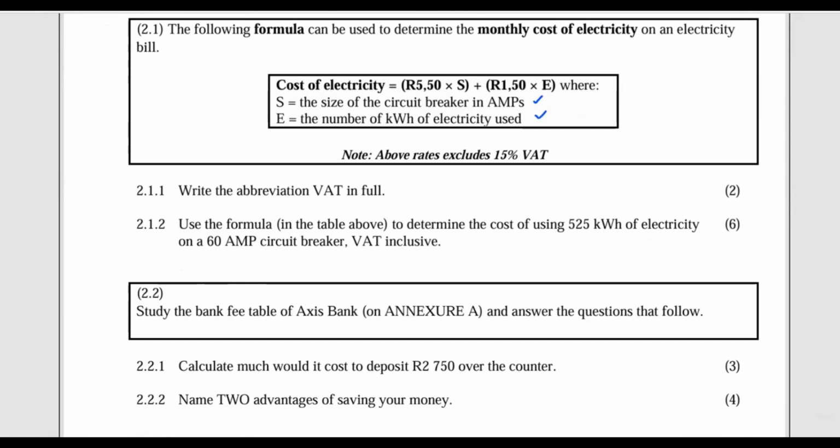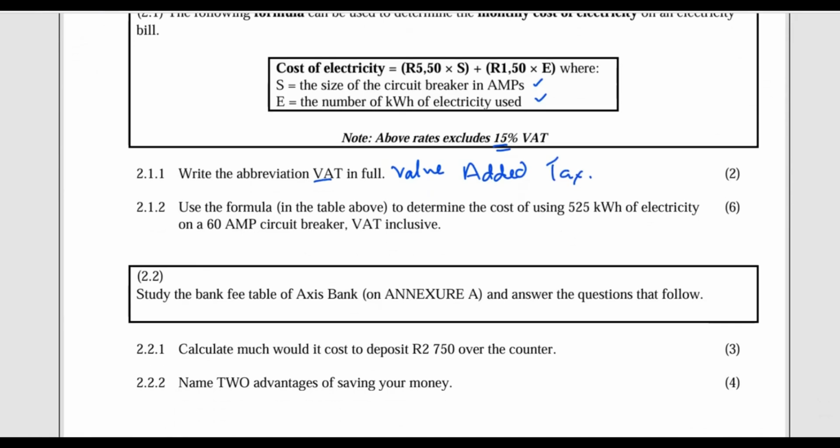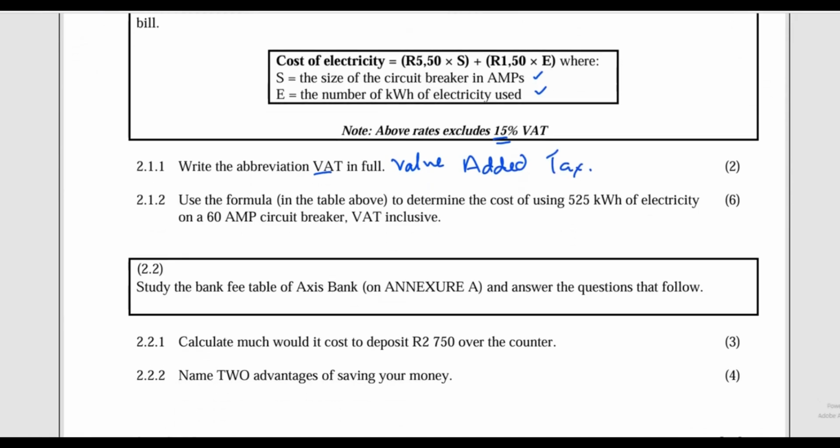Note that these rates above do not have the 15% of VAT. So what does VAT stand for? This is value added tax. That's the meaning of VAT. Then use the formula in the table above to determine the cost of using these units on a 60 amp circuit breaker, using the VAT inclusive price.